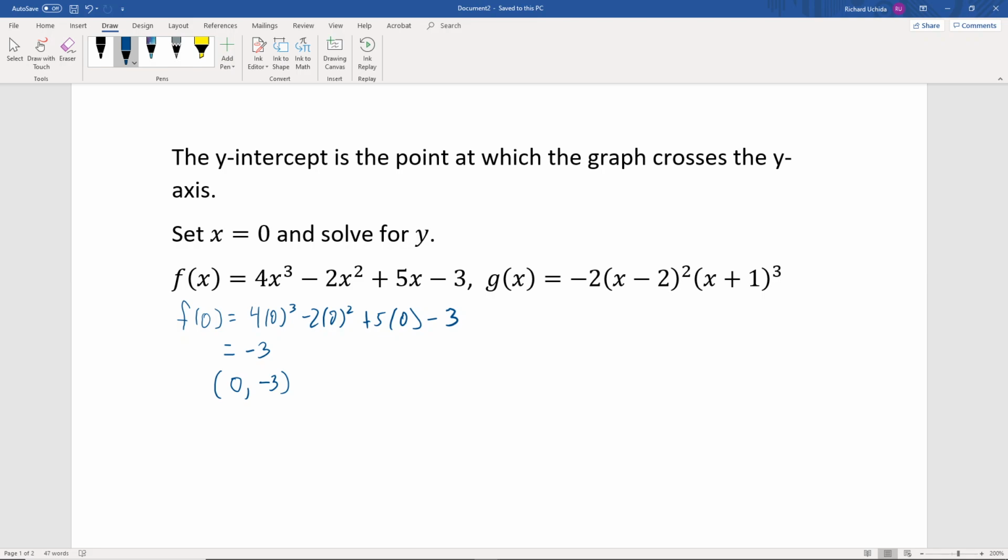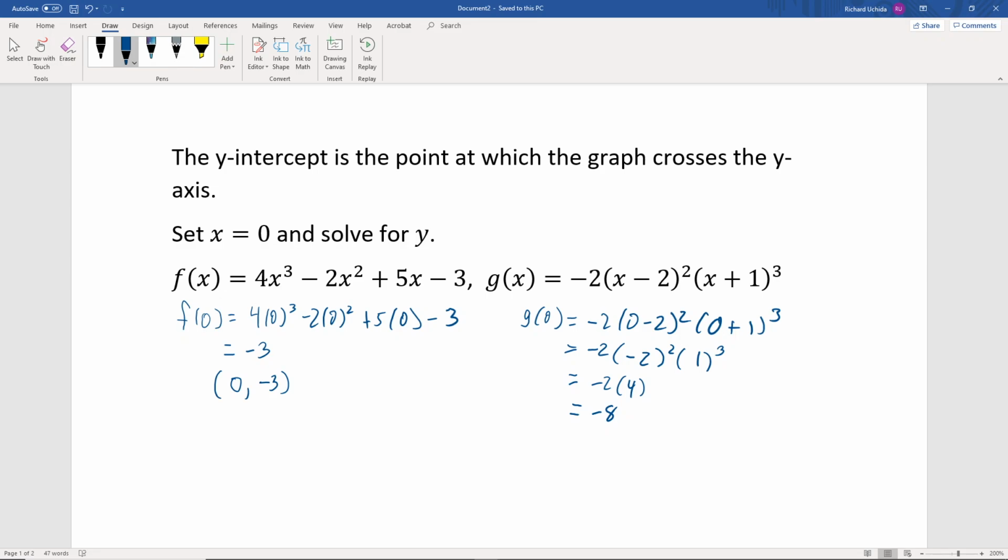Again, to find the y-intercept, we plug in x equal to 0. So we have g of 0, which is negative 2 times 0 minus 2 squared times 0 plus 1 cubed. So that's negative 2 times the quantity negative 2 squared, since 0 minus 2 is negative 2, times 1 cubed, since 0 plus 1 is 1. 1 cubed is just 1, and negative 2 squared is 4, so this is negative 2 times 4, which is negative 8.